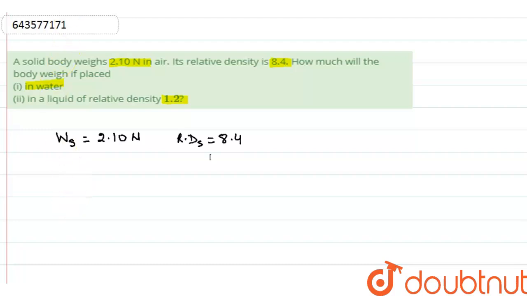So we know that the relative density of the solid is the density of the solid to the density of the water.